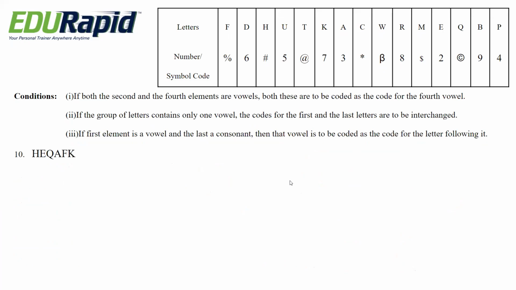H, E, Q, A, F, K. Options are: hashtag 3 copyright 3 percentage 7; hashtag 2 copyright 2 percentage 7; hashtag 2 copyright 3 7 percentage; 7 2 copyright 3 percentage 7; hashtag 3 copyright 2 percentage 7.